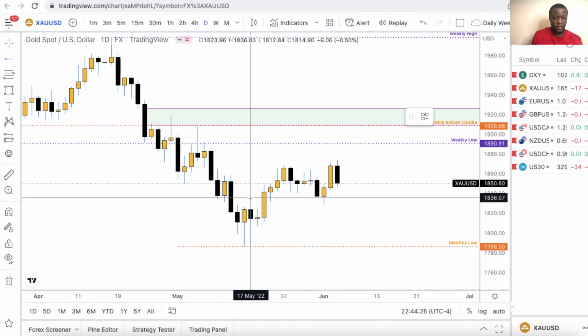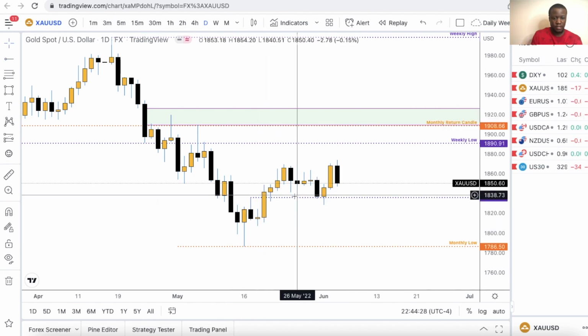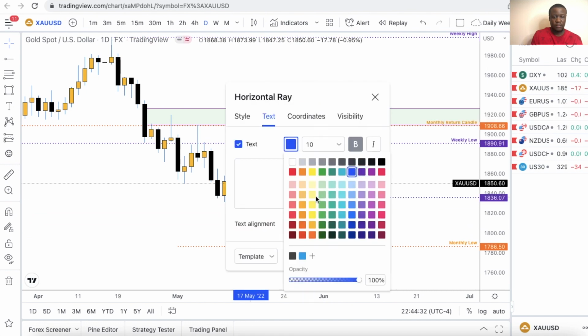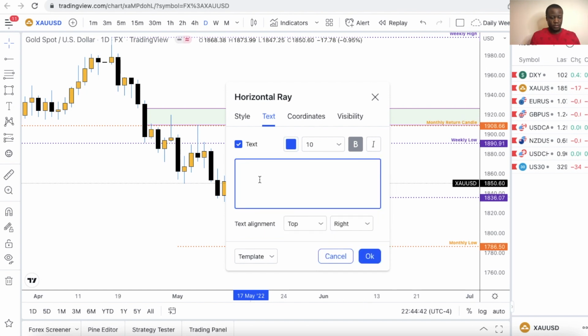So right here we have the wick. So I'm going to explain the charts as I see them right now and the potential movement they're going to have for the upcoming days or weeks. So right now we're on the daily return candle.